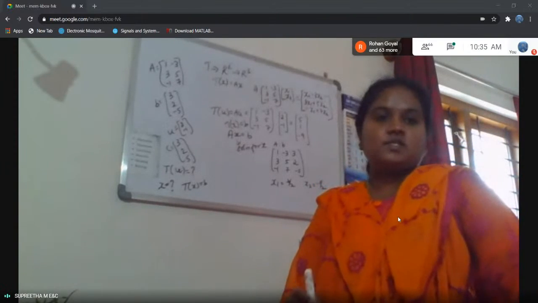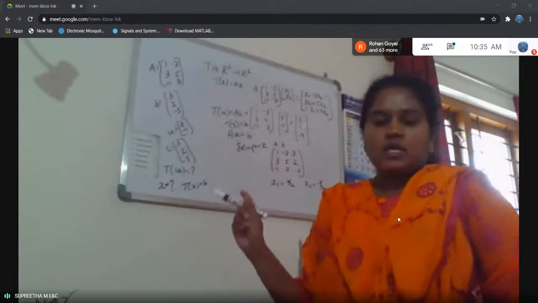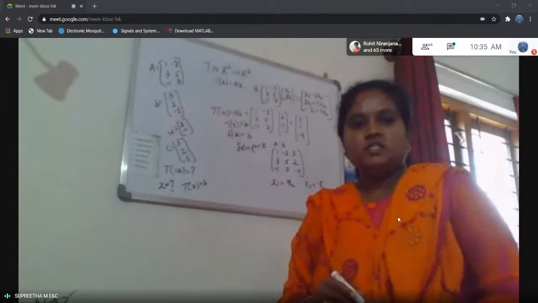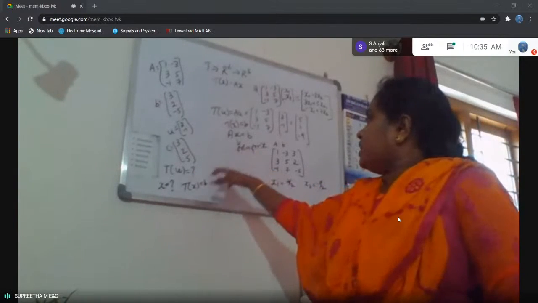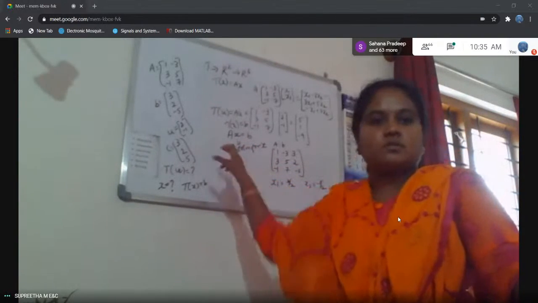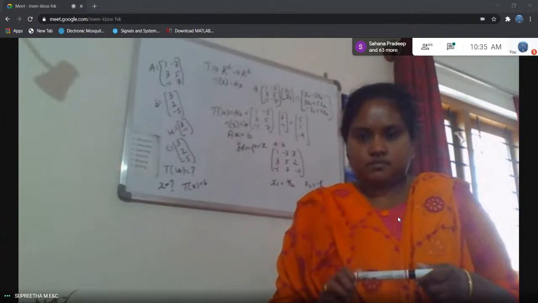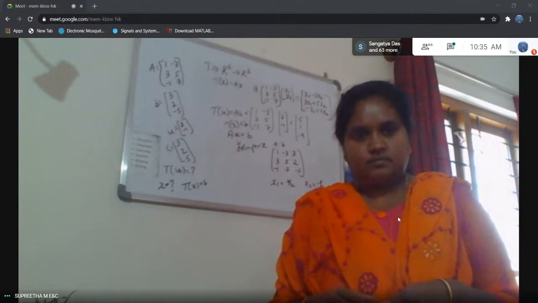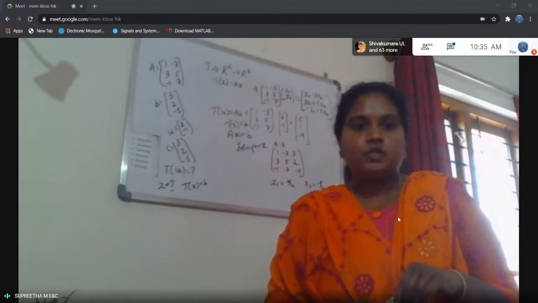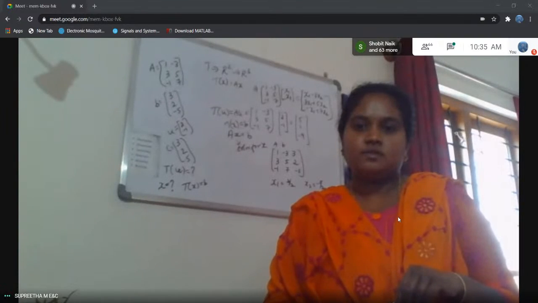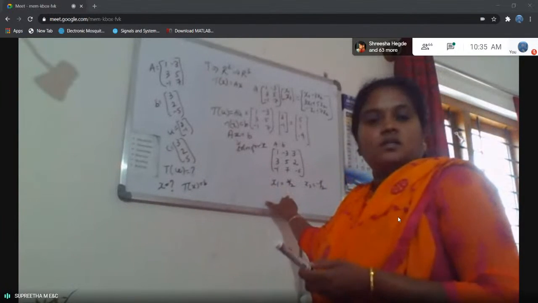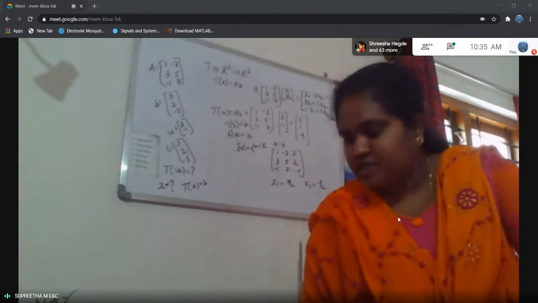Now what is the third question says? Is there more than one x whose image under T is B? That means, is there more than one x value? So in the unique solution, multiple solution, you get a unique solution or the multiple solution. You receive the unique solution, is it not? X1 is 3 by 2 and x2 is minus half.